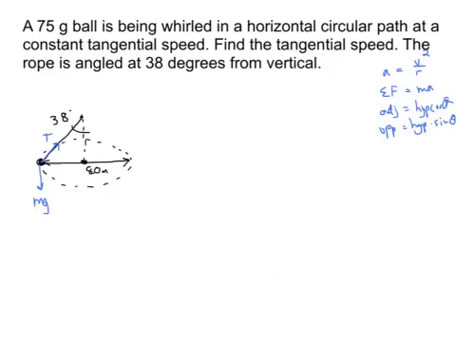If the ball's moving around in a circle, and here is the center of the circle, right here, then from the ball, the net force has to be pointing to the center, which is rightward. So the net force has to point to the right. Okay, keep that in mind. Net force points right at this moment in time.